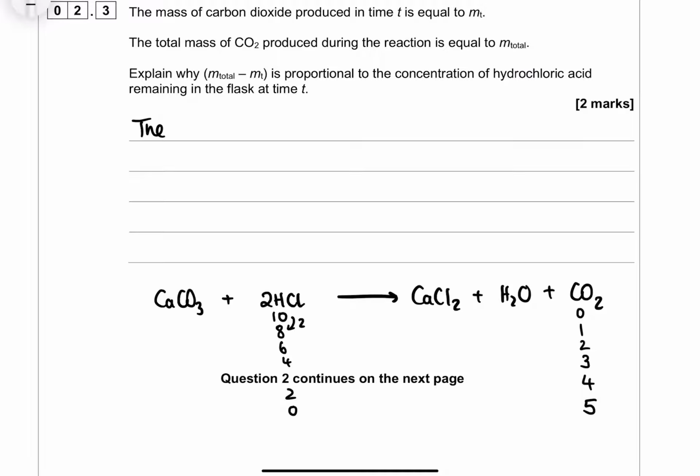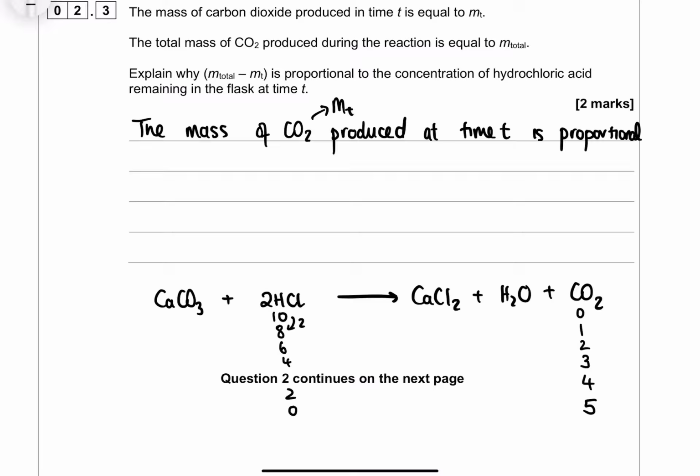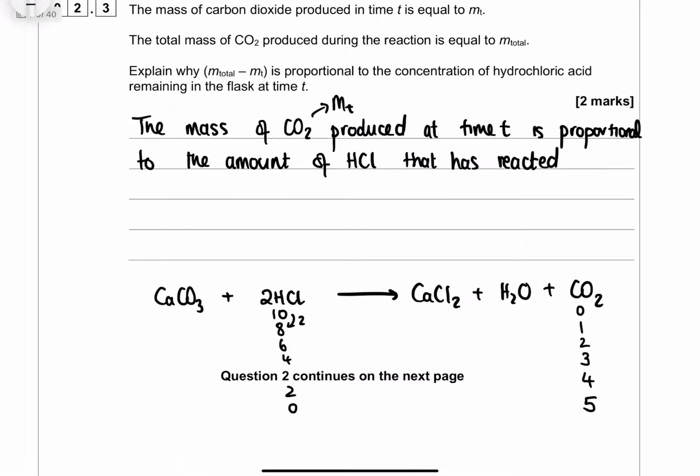So the mass of CO2 produced at time t, so that's the MT thing, is proportional to the amount of HCl that has reacted because, as we can see here, as 2 had reacted, then 4, then 6, then 8, then 10, we'd gone 1, 2, 3, 4, 5 because of the ratio. So it was proportional to the amount of HCl that had reacted.